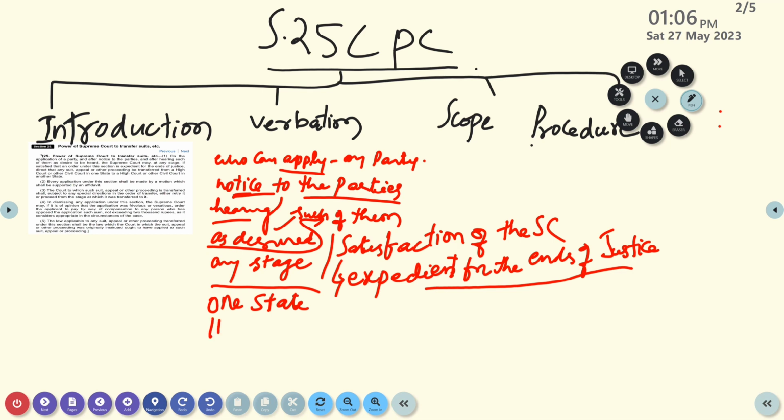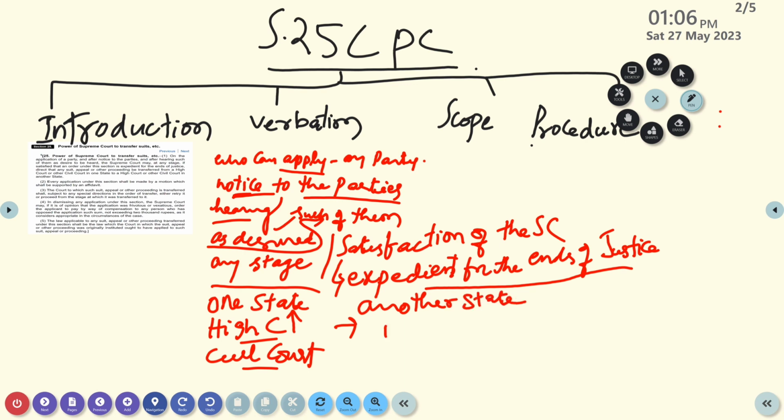What is that court? It may be a High Court or any civil court, not a criminal court, because it is the CPC. So the High Court or civil court situated in one state can be transferred to another state. To which court? The same, High Court or civil court. So, this is the essence of 25 class 1.